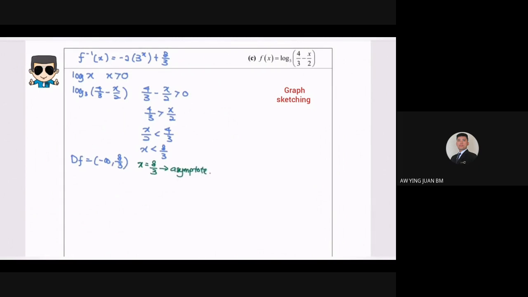So after we determine the domain, now is to determine the direction of the graph. If the coefficient of x is negative, the graph will be towards the left. If the coefficient of x is positive, then the graph will be towards the right. In this case, the coefficient of x is negative 1 over 2, meaning that our graph will be towards the left.